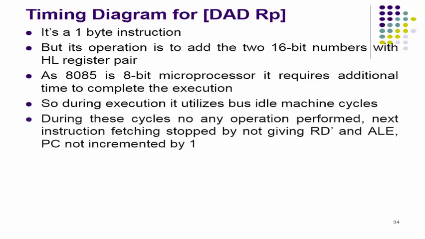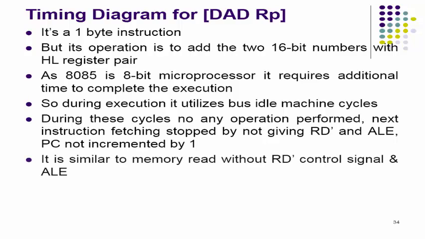During this particular machine cycle, no operation gets performed. Next instruction fetching is stopped by not controlling the read bar control signal and ALE, and the program counter does not get incremented by 1. These are the things to consider during the idle machine cycles.